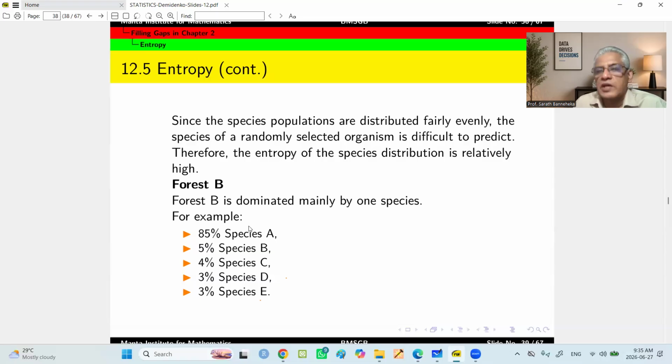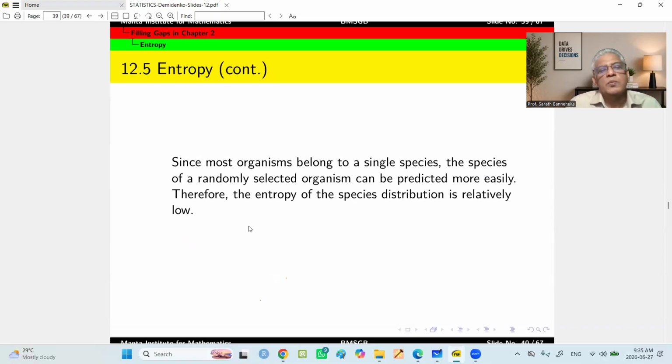That would be species A. So there is less freedom or less uncertainty, and therefore less entropy. Right? Since most organisms belong to the single species, the species of a randomly selected organism can be predicted more easily. Therefore, the entropy of the species distribution is relatively low in this case.